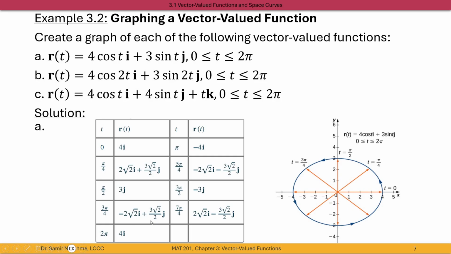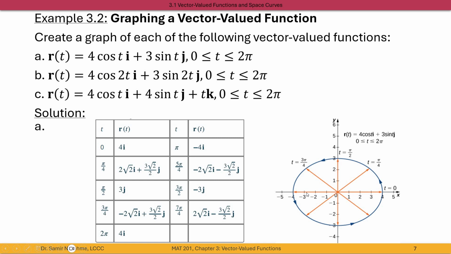We're gonna take multiple points to draw the vector function in all directions. So let's take another example having a value of t equal to pi. Let's try it out. Replace it in the x and y components. Cosine pi is -1, times 4 is -4i, and this is 0.